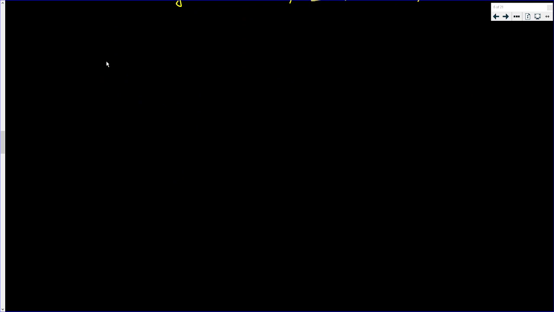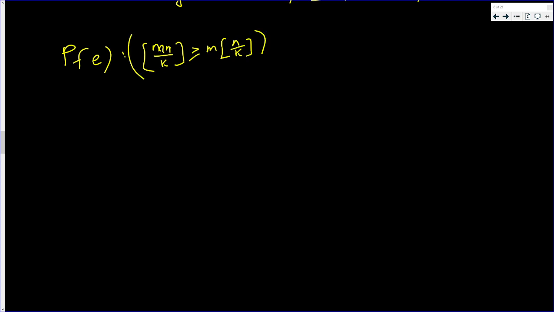Okay, part E, the proof of part E. Well, part E says that the greatest integer of mn over k is greater than or equal to m times the greatest integer of n over k. That's what I want to prove. Okay. And we're given that m, n, and k are all positive integers.